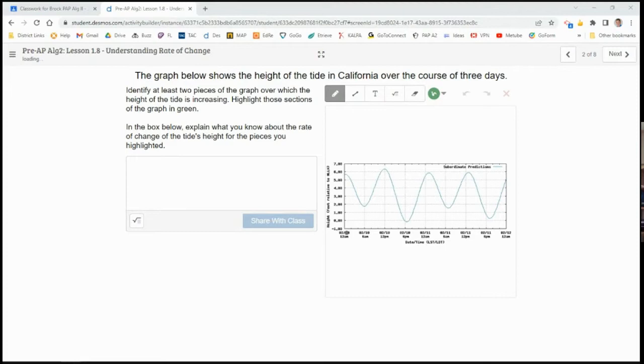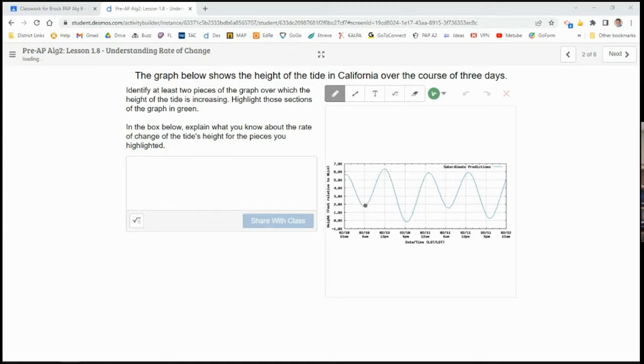It goes from the height, the feet relative to the MLLW, and the date. So it goes a little over 6 feet down to just about zero, just a touch under zero. So you should be highlighting in green at least two places where it's increasing. The tide is increasing. The water's level is going up.